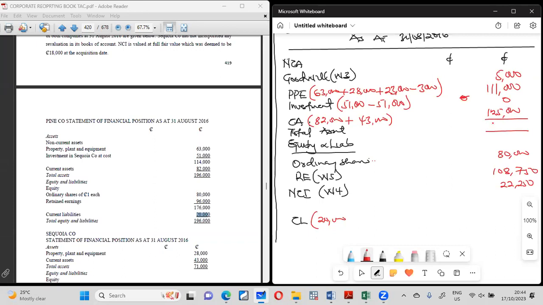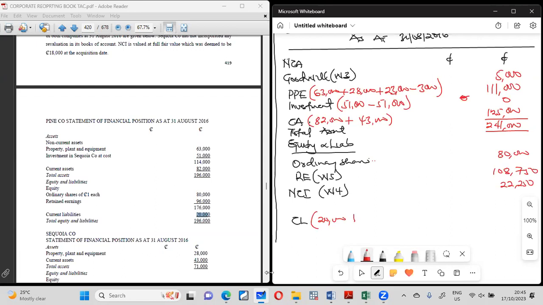Total asset. Please don't forget at this level, we do IAS 1. It says asset is equal to capital plus liability. The total is 241,000.